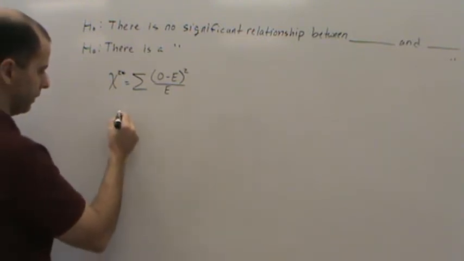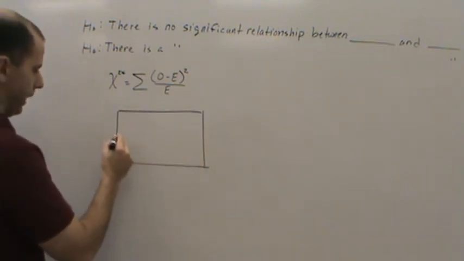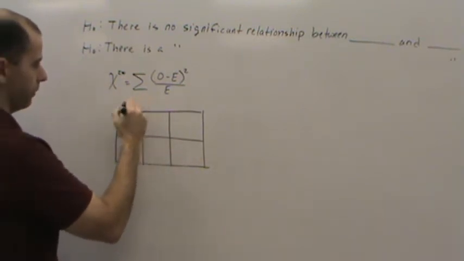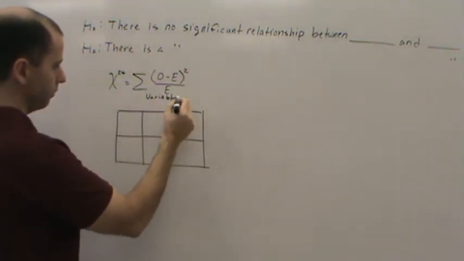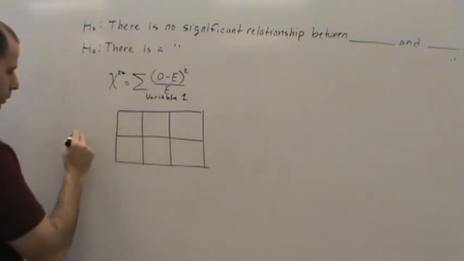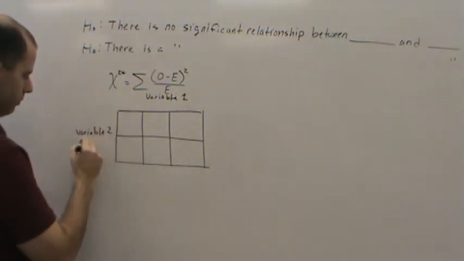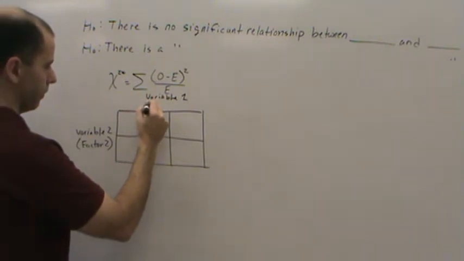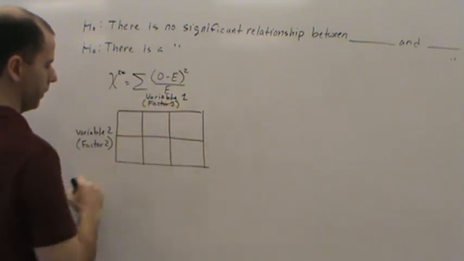So we might have something that looks like this, where we have variable 1 or factor 1, and then over here we have variable 2, factor 2.